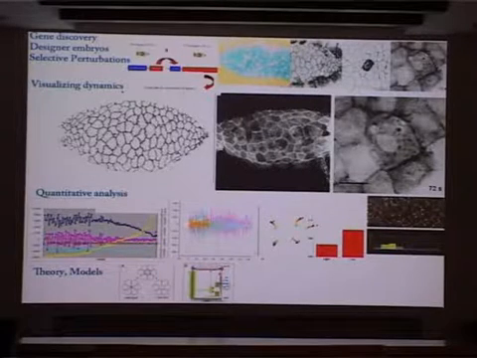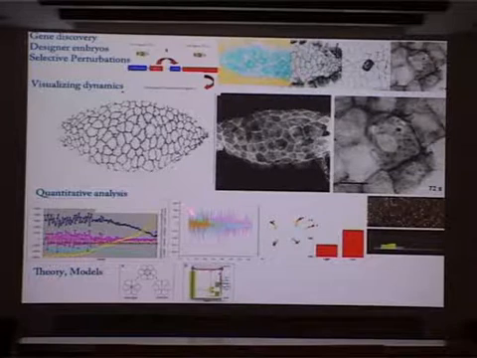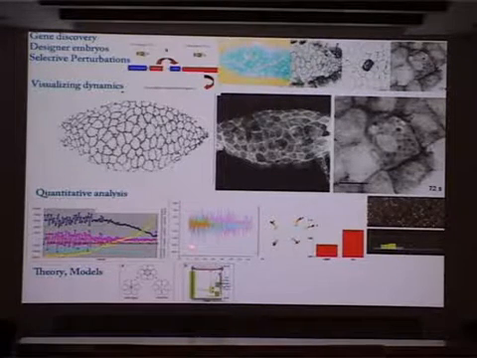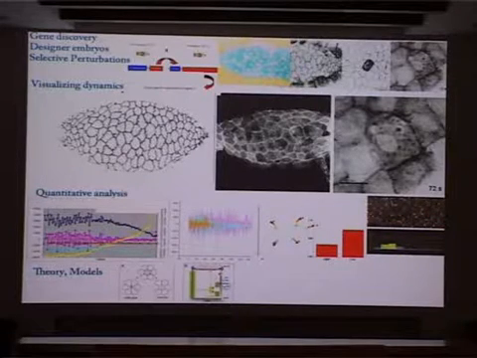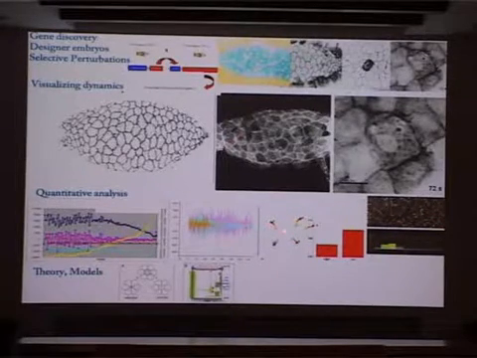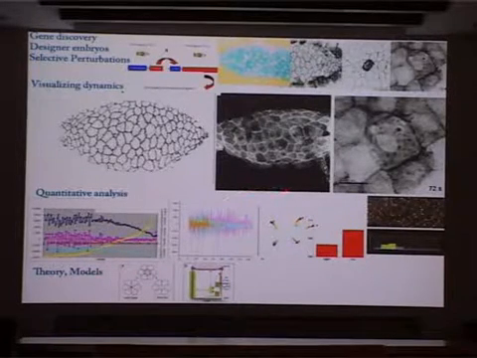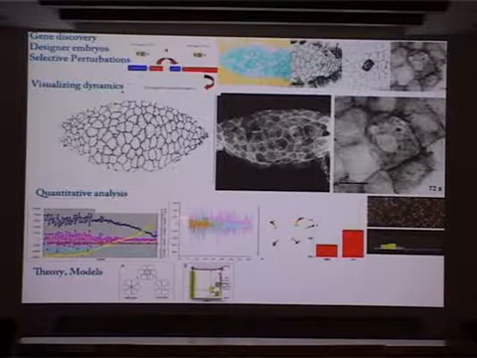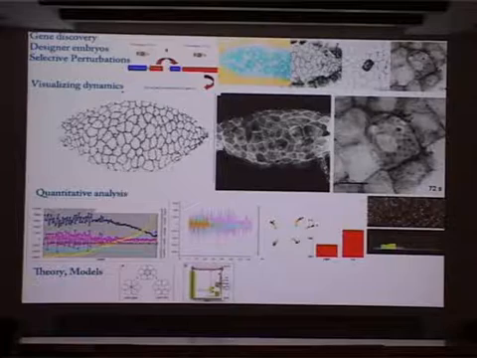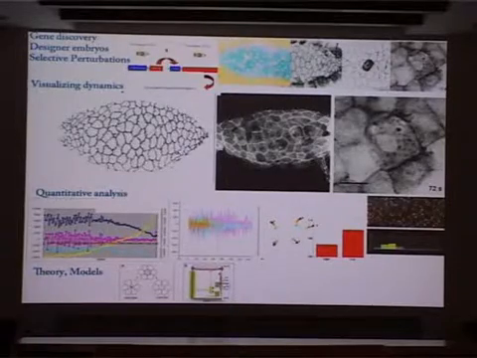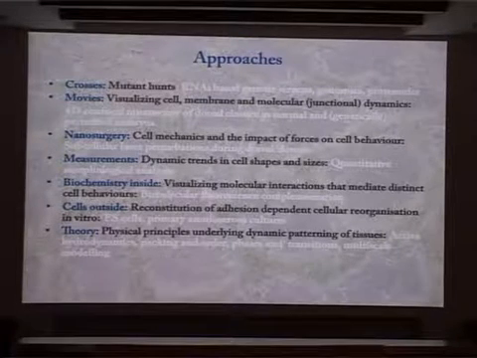And then we can compare these quantities in perturbed versus native cells and draw conclusions from that. And finally, what we'd like to do, having assimilated all of this information, is really to come up with models that explain how, say, interfaces impact cell behavior, and then work very closely with physicists to help us understand other features. So this is essentially what I've told you.